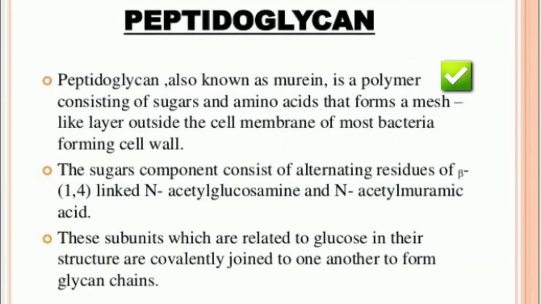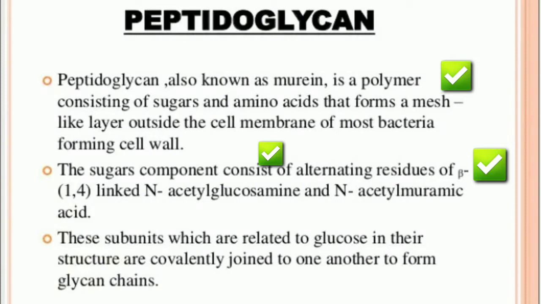Peptidoglycan. Peptidoglycan, also known as murein, is a polymer consisting of sugars and amino acids that forms a mesh-like layer outside the cell membrane of most bacteria, forming the cell wall. The sugar component consists of alternating residues of N-acetylglucosamine and N-acetylmuramic acid.